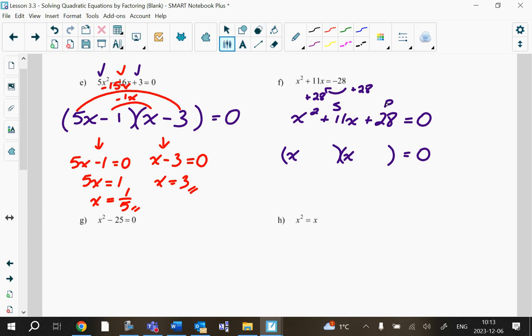Think of two numbers that multiply to get 28, then add them. 4 and 7. Set each one equal to 0 and solve.